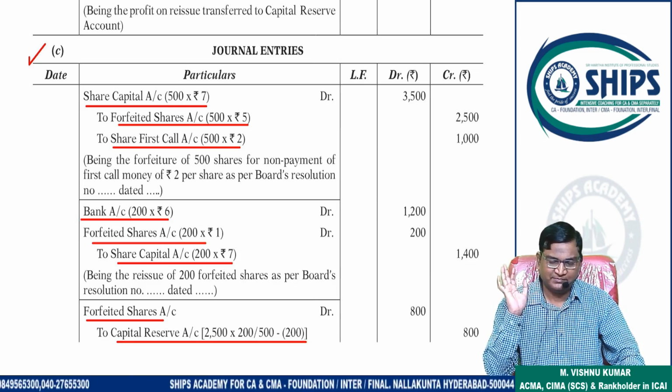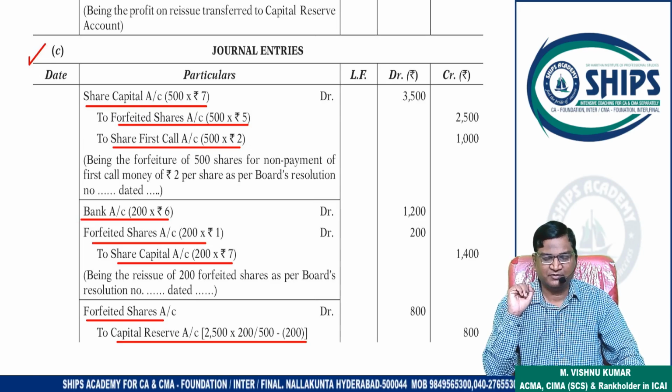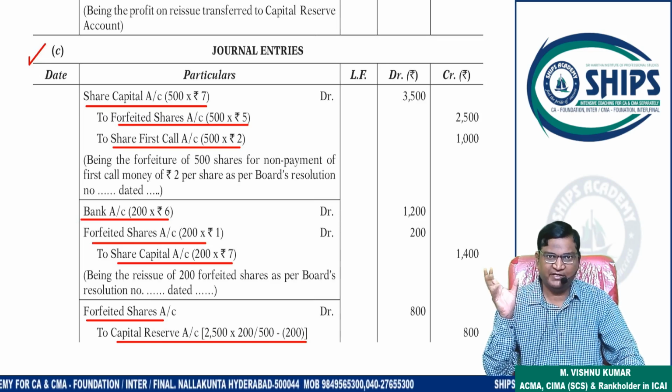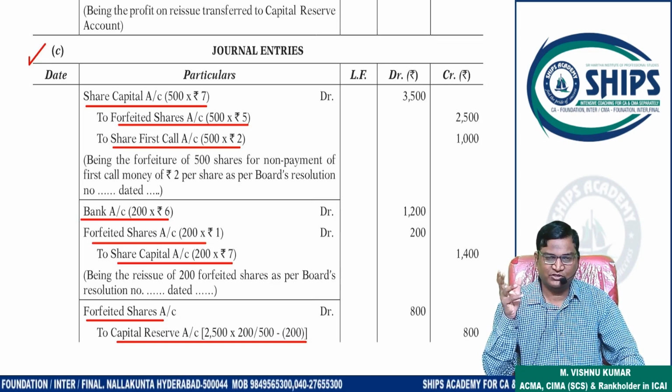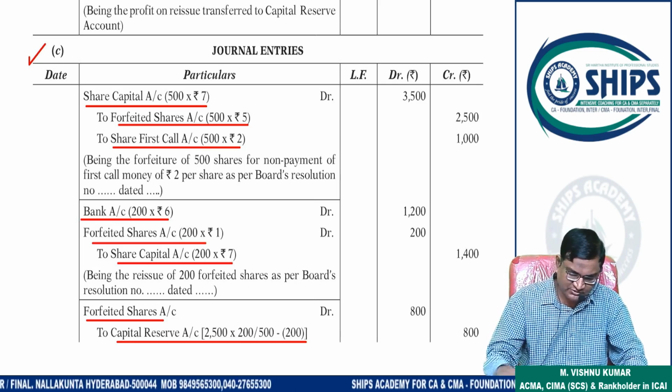The important thing here is that the face value changes. Previously it was 10 rupees, now it became 7, because 7 is fully paid. So right now the face value is 7, and according to 7 only we have to calculate gain or loss. Okay, note this.